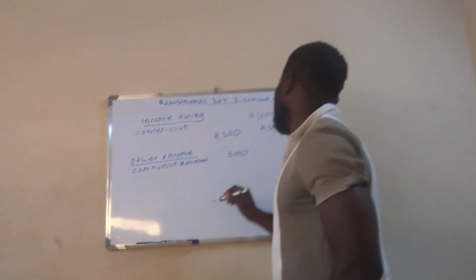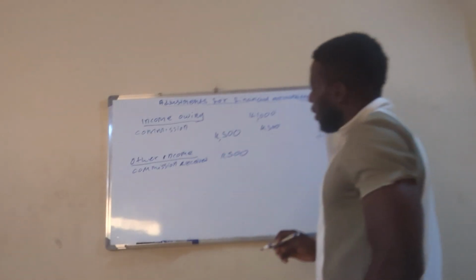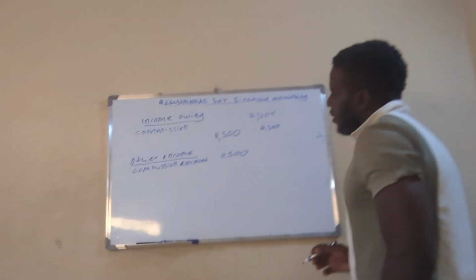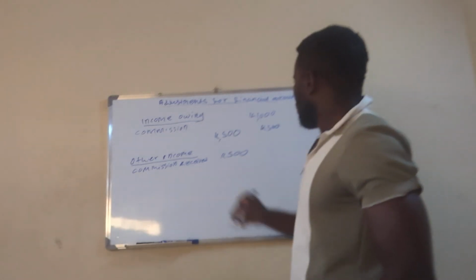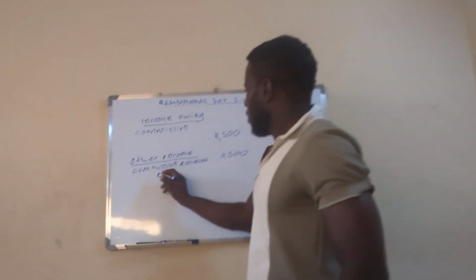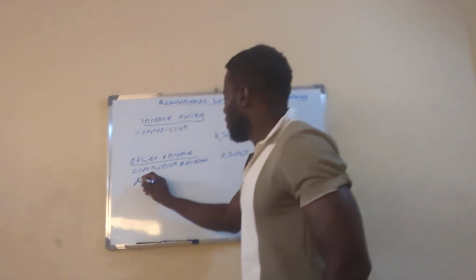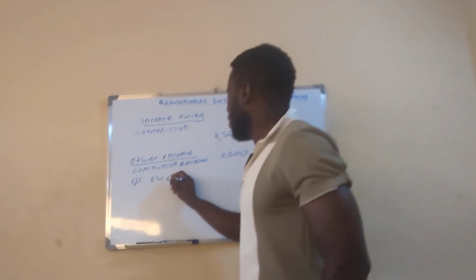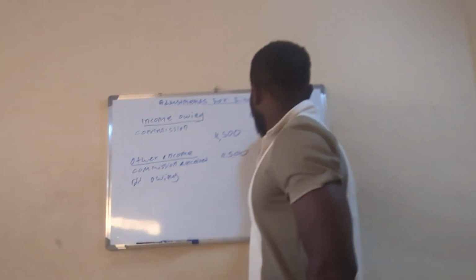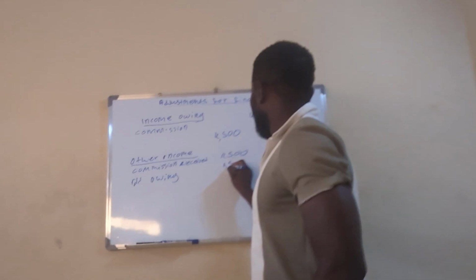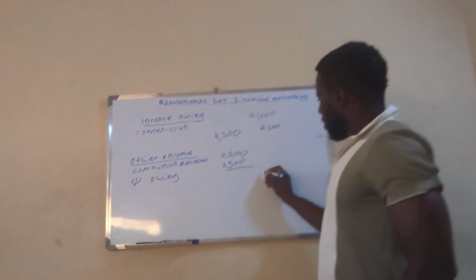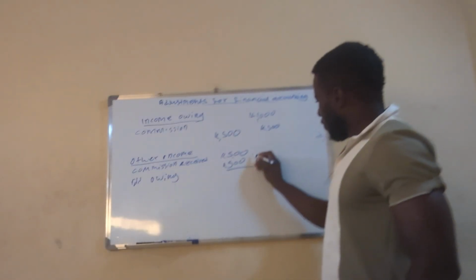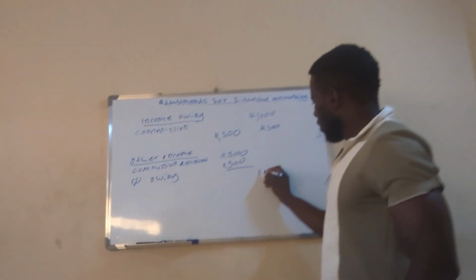They pay you 500 kwacha. And then in the additional information, you say commission received owing. So meaning you say add owing. That is another 500 kwacha. You add that and you have an amount of 1,000.